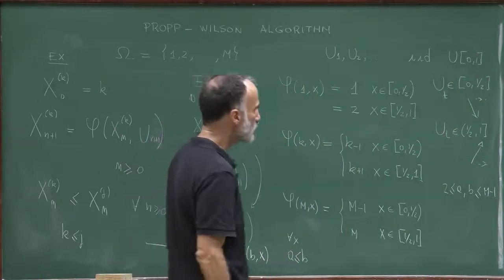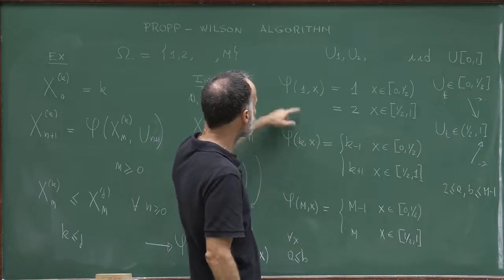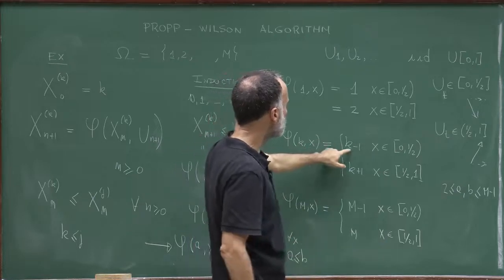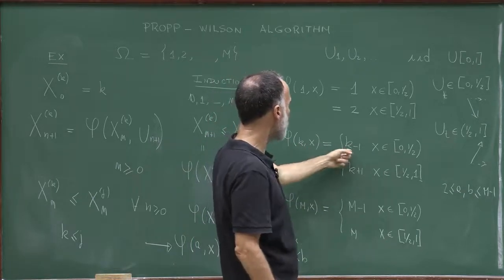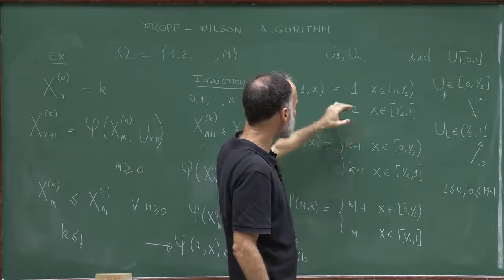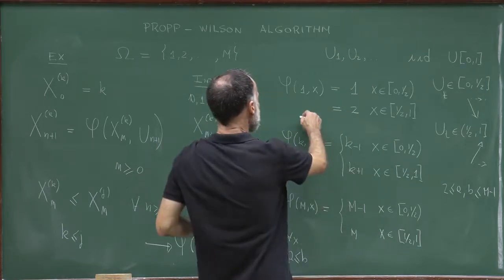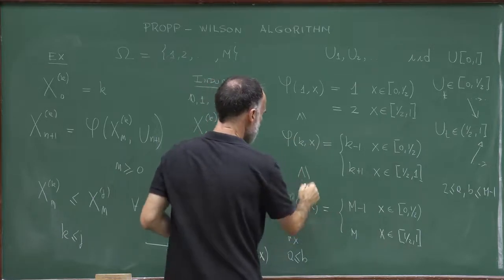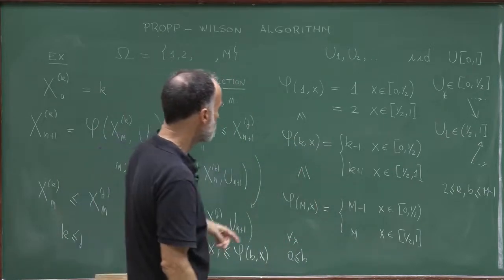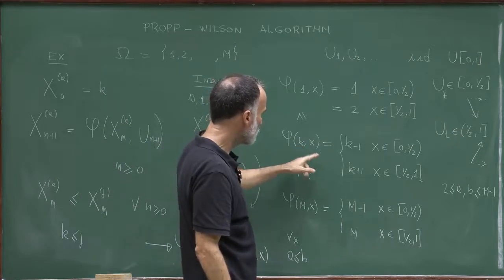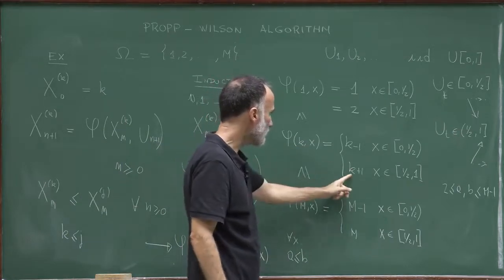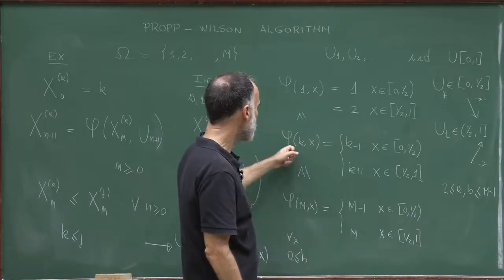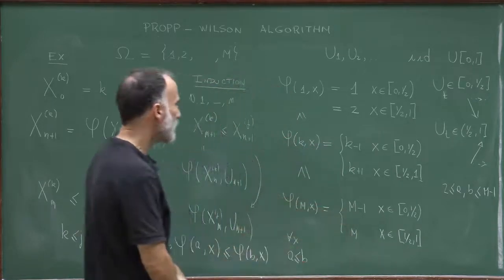And now you can check that if you compare phi(k, x) with phi(1, x), since k is larger than 2, that can be at most 1, and this will be 3. So it's clear that phi(k, x) is larger than phi(1, x) and bounded by phi(m, x), because k is larger than m minus 2. So here I'll get m minus 1, and that is bounded by m, while k minus 1 will be bounded by m minus 1.